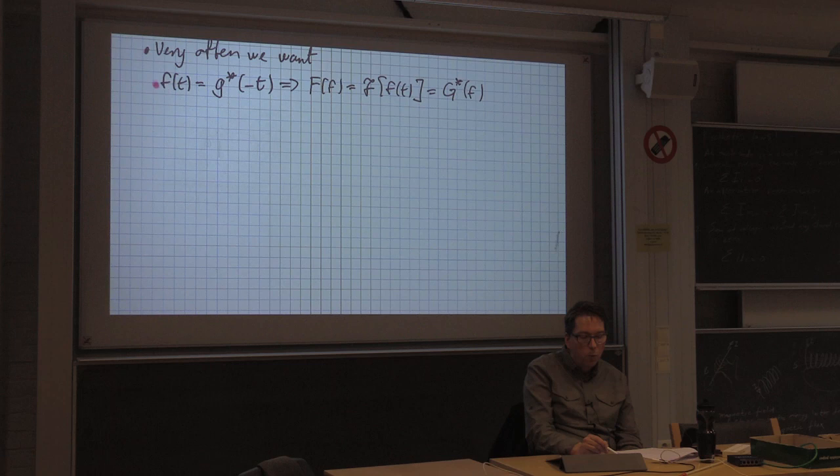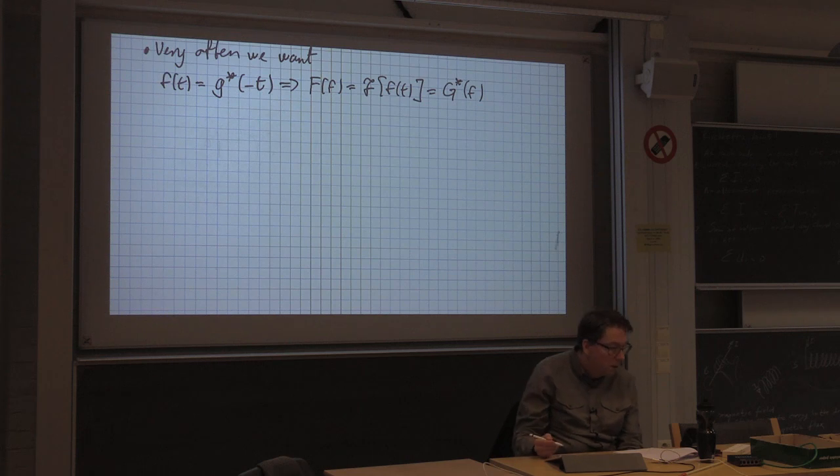So if we have small f being equal to g star negative t, if we take the Fourier transform on the left-hand side and right-hand side here, on the left-hand side we get capital F. On the right-hand side, by just going through this integral, or you look it up in your mathematical table, you see it's going to be g star, okay, the complex conjugate of g. Okay. So what does this imply?